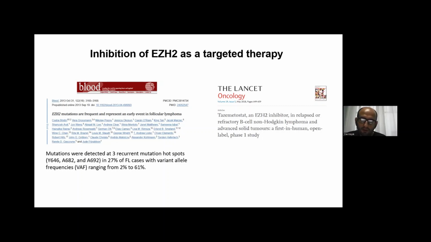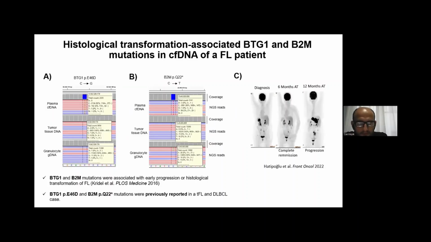There is a Lancet Oncology paper presenting the results of an EZH2 inhibitor in relapsed or refractory B-cell non-Hodgkin lymphoma and advanced solid tumors. In other words, EZH2 inhibitors are already under development, and this may be an option for treatment of EZH2 mutation positive patients.